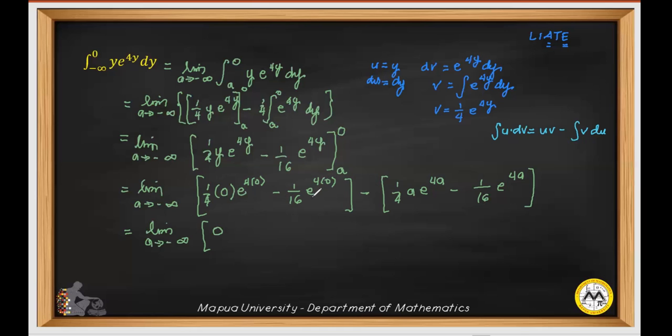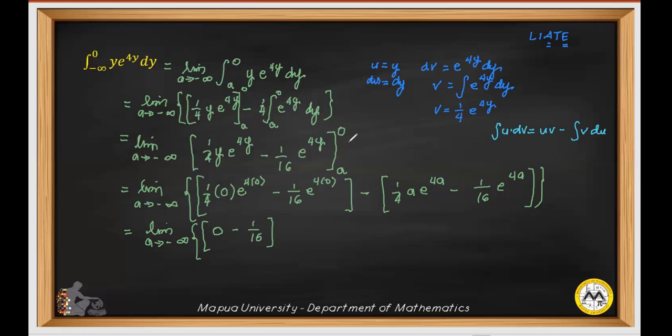Now, e to the 0 is 1, so times 1 over 16 will give us minus 1 over 16. Let me write a bracket here. So this will give us the limit of 0 minus 1 over 16, which is the value of the indefinite integral at the upper limit 0.